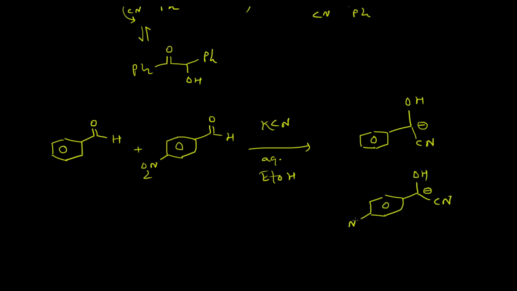Now if we compare the stability between these two negatively charged intermediates, you can clearly see that the negative charge in the case of para-nitrobenzaldehyde will be highly stabilized due to the strong minus R effect of the nitro group, but this kind of group is missing in benzaldehyde.